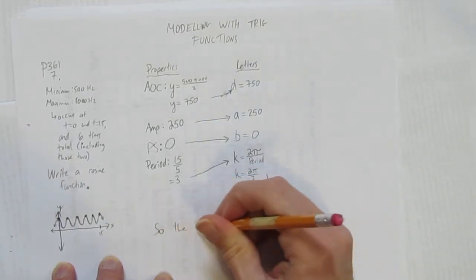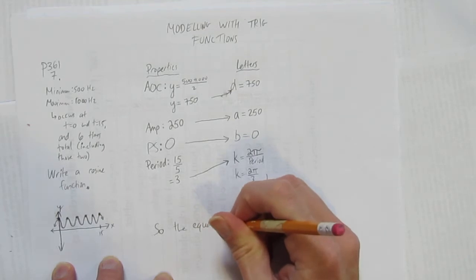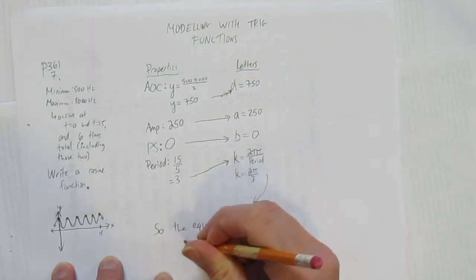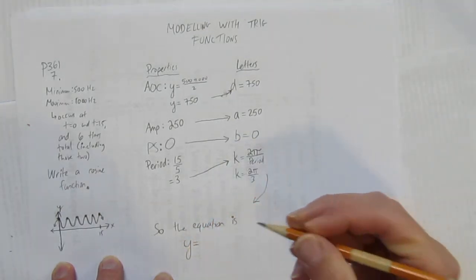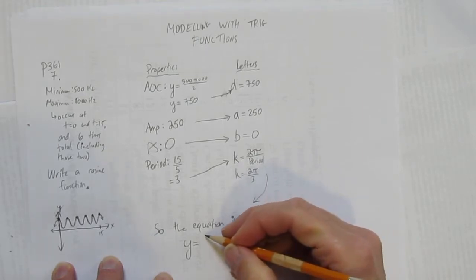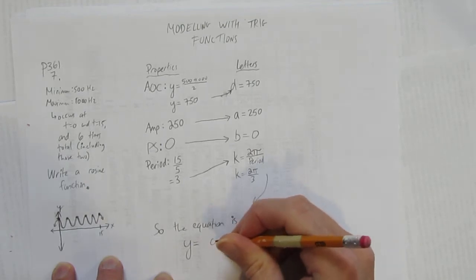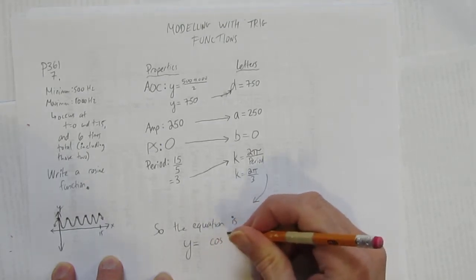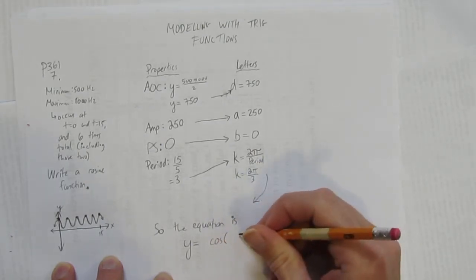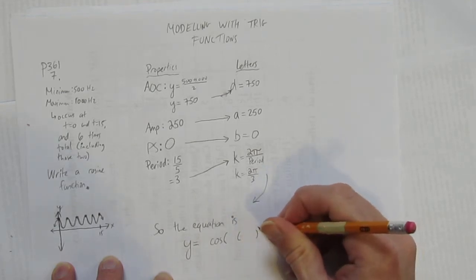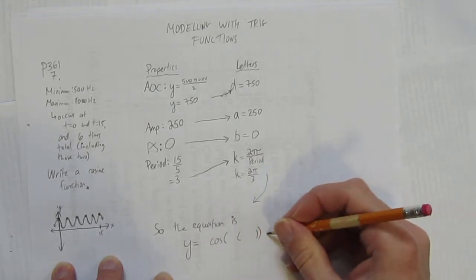So the equation is y equals, and the equation is always in the format of the a first and then the k, b, and the d. So I'll write cos here and leave a space for the a, and then open my brackets, leave a space for the k, and there'll be 2 more brackets like that, and the d.